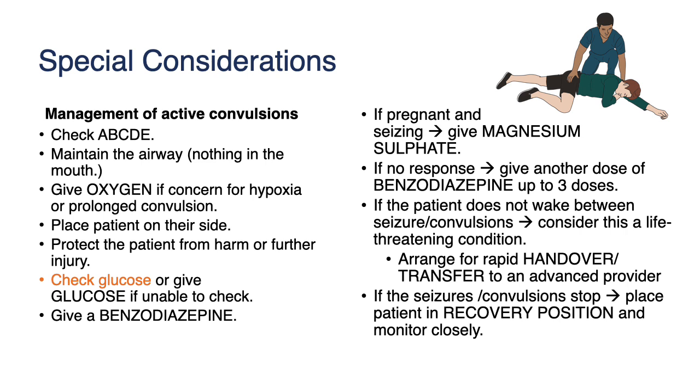Give benzodiazepine; in a pregnant lady, use magnesium sulfate. If no response, give another dose of benzodiazepine up to 3 doses, and then you can use phenytoin. Or if the patient does not wake between seizures, consider a life-threatening condition and assess if you can get imaging, and whether this can be done in your facility or you have to transfer somewhere else.